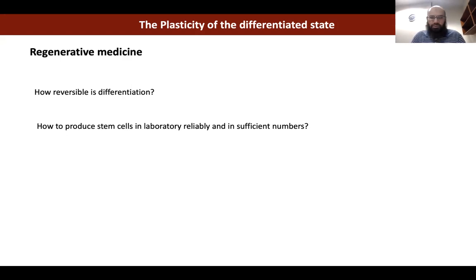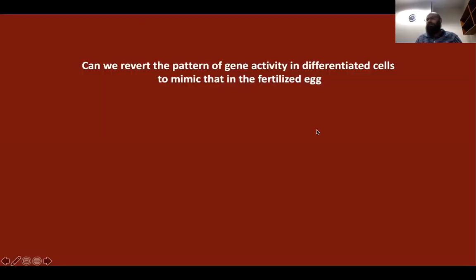So we will start by asking this question first. Can we revert the pattern of gene activity in differentiated cells so that it mimics that in a fertilized egg? The short answer is yes, but it's a very challenging task to achieve in the laboratory.